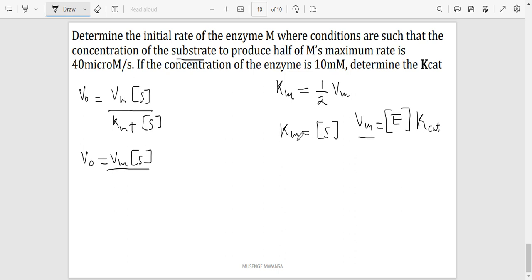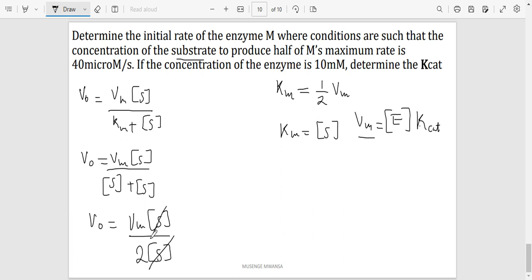So we already know Km is equal to S, the concentration of the substrate. I'm going to substitute down here where there's Km, I'm going to put S, because they are equal in this question. So V initial is going to be equal to Vmax multiplied by the concentration of the substrate divided by S plus S, that is going to be 2S.